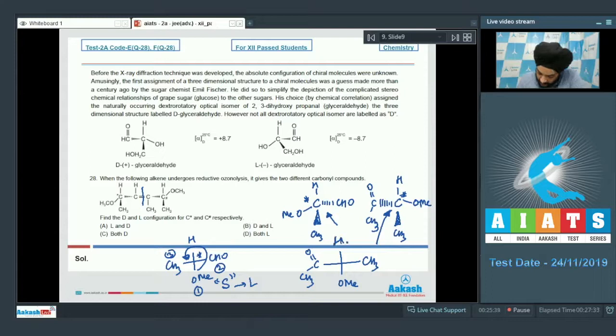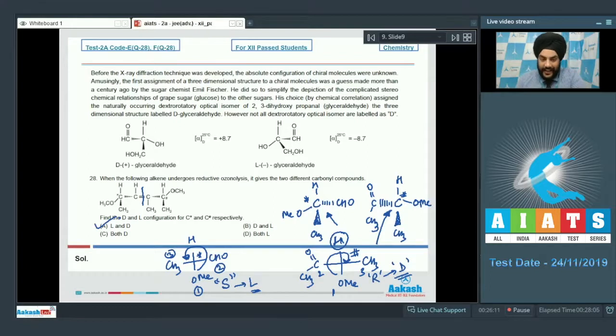So if we assign priority now, students, this is 1, this is 2 and this is 3. So this is a clockwise rotation and the least priority group is already away from us. So this is R and we know that R was D. Okay. So if we talk about the configurations for C star and C hash, C star came out to be L and C hash came out to be D. So if you look at the options which are given to us, students, we can clearly see that the A option has to be marked as the answer for this question.